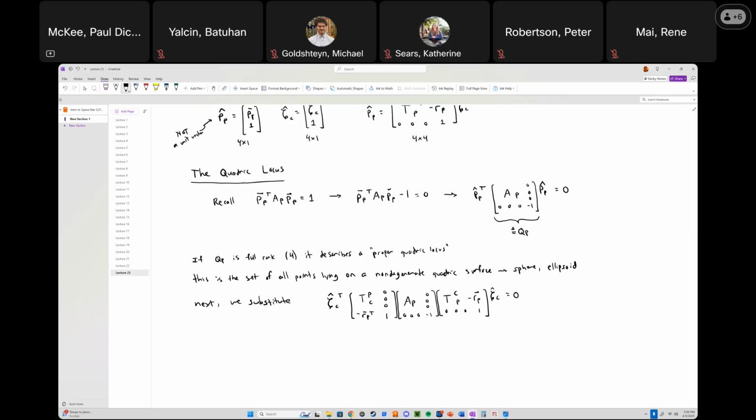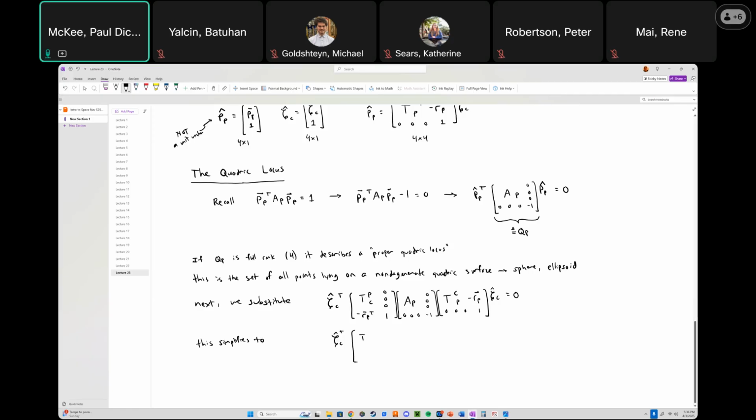Okay, this is a bit much. Thankfully, this simplifies. Well, maybe not. It's actually going to get a little ugly, but bear with me. It's going to get nicer in the end. So we have zeta C hat transpose, and then this whole thing is going to be what?